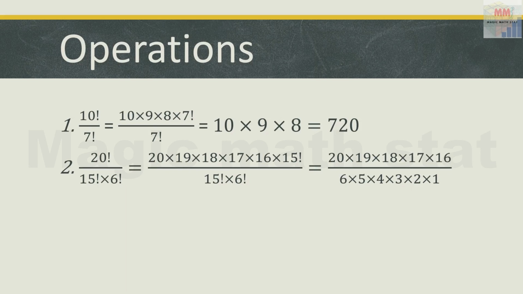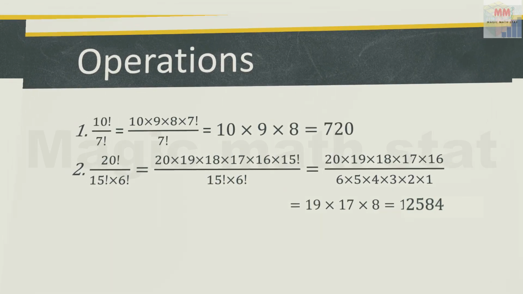We break 20 factorial as before and we get 20 times 19 times 18 times 17 times 16 times 15 factorial divided by 15 factorial times 6 factorial. Now the 15 factorials cancel each other out. So now we don't have any factorials in the numerator, so we can't cancel 6 factorial like the previous one, and hence we break 6 factorial and simplify. At last we get 19 times 17 times 8. That gives us 2584.